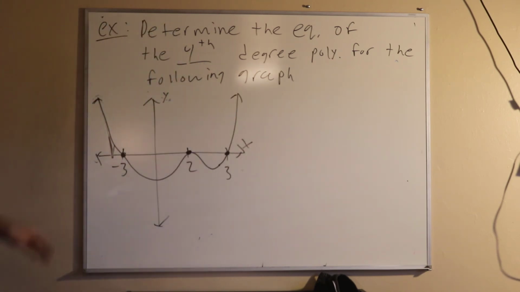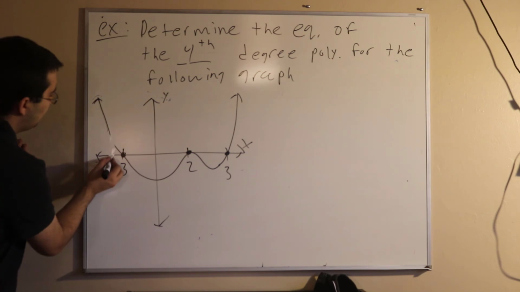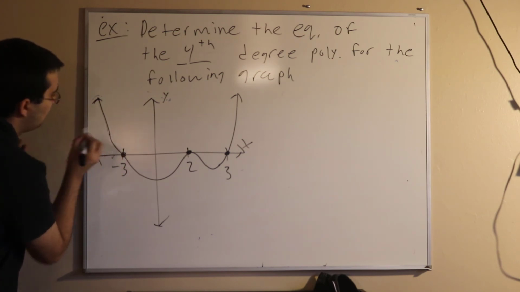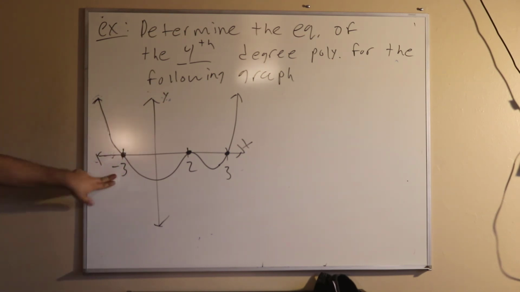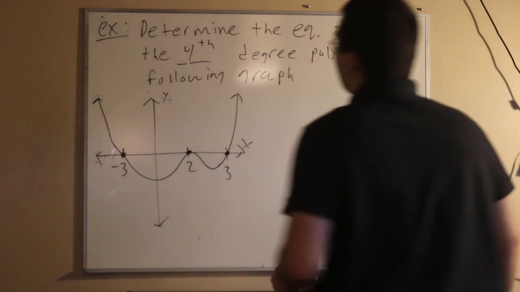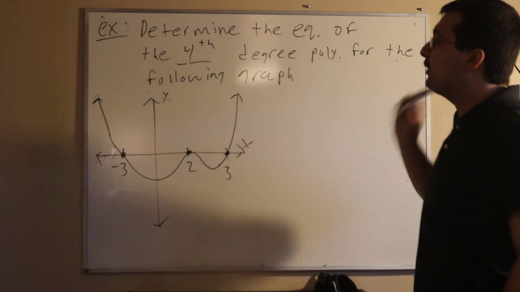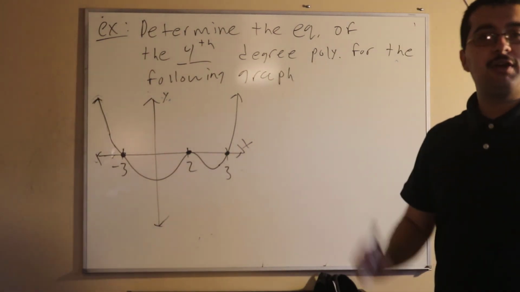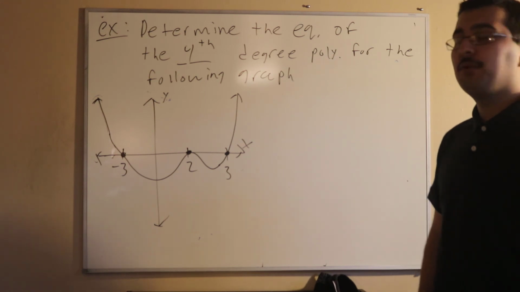There you go. So this will be the graph we consider, with these points that I've highlighted being -3, 2, and 3. Let's do the same type of problem, but this time we're going to do a 4th degree polynomial with this following graph. Let us construct the equation for this graph.